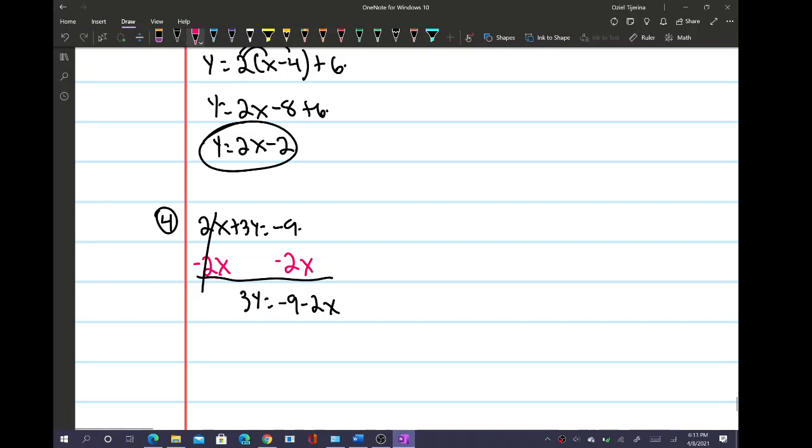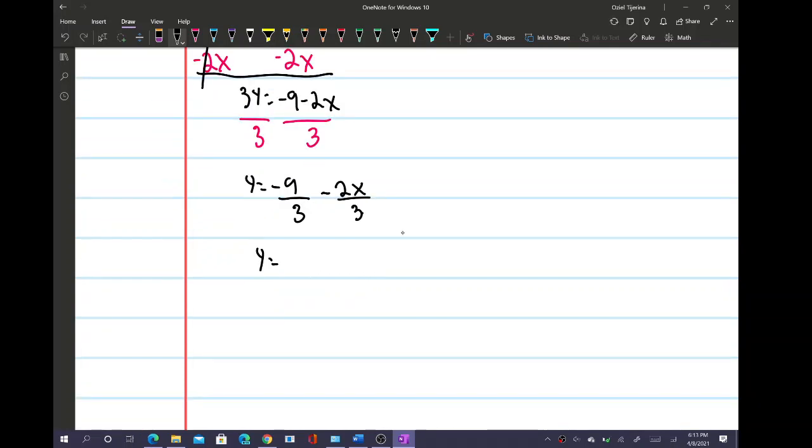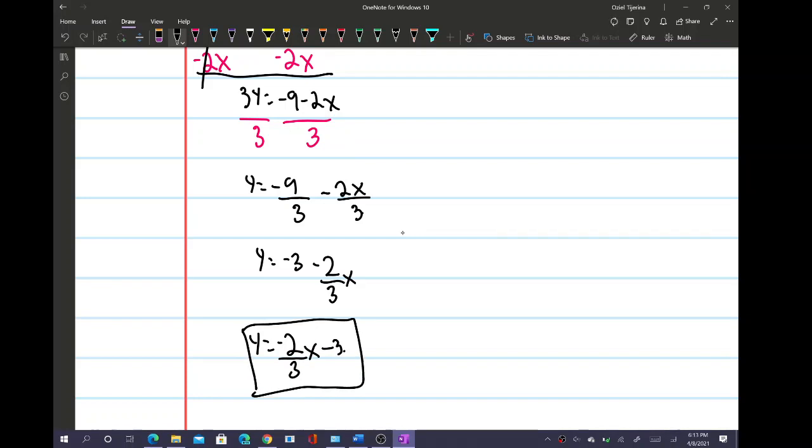Then you would divide both sides by 3. You would get y equals negative 9/3 minus 2x over 3. So then this would be y equals negative 3 minus 2/3 x, or y equals negative 2/3 x minus 3, right?